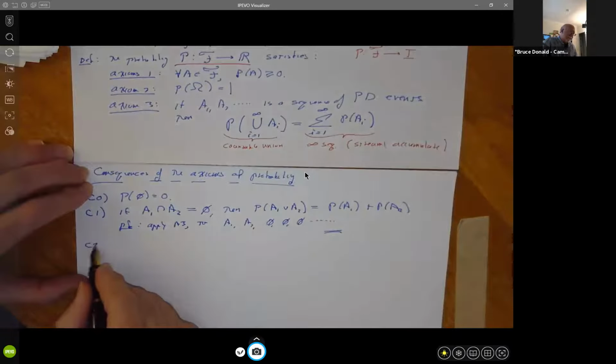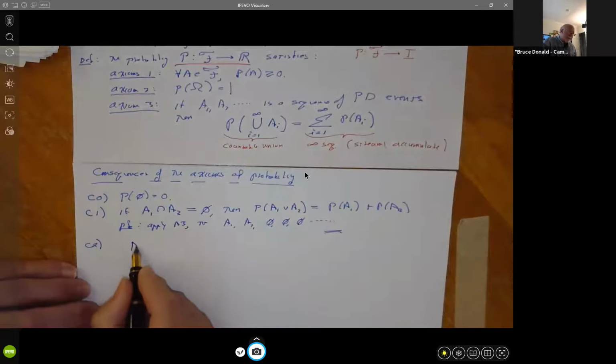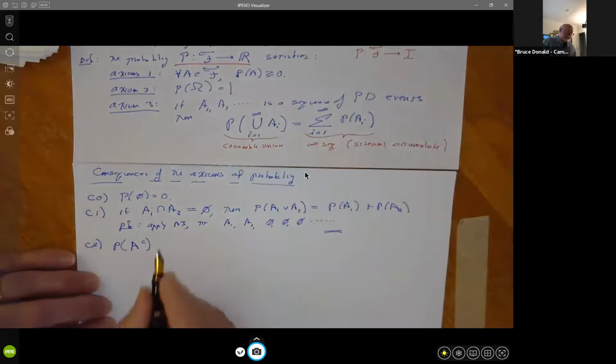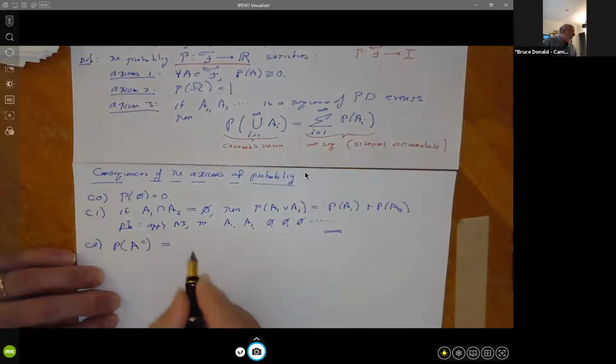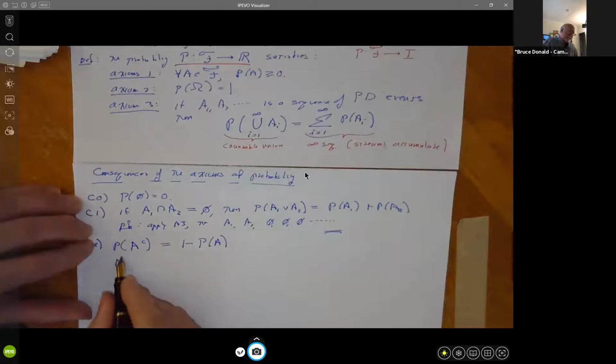Let's look at C2. There are only 5 of these that I'm going to do today. Suppose we have an event A, and we take its complement, and we ask, what is the probability of the complement? Well, this is simply equal to 1 minus P of A. So the probability of the complement of A is equal to 1 minus the probability of A. Let's prove that too.